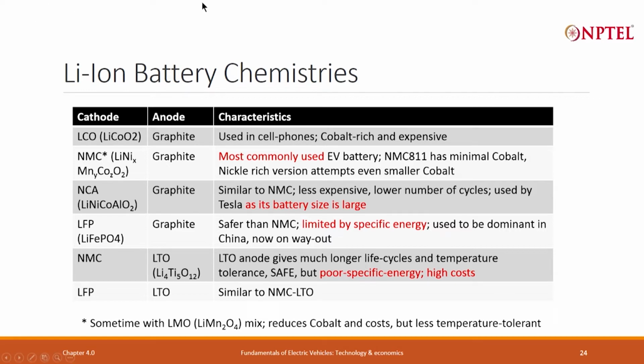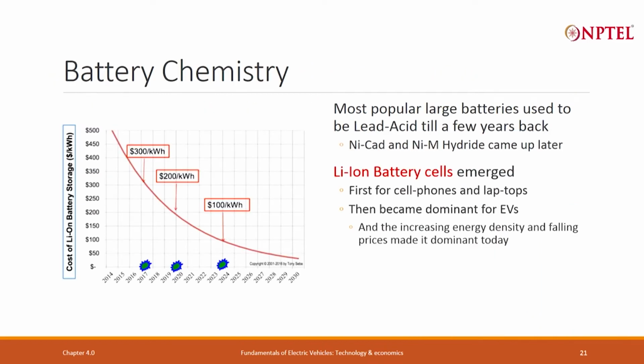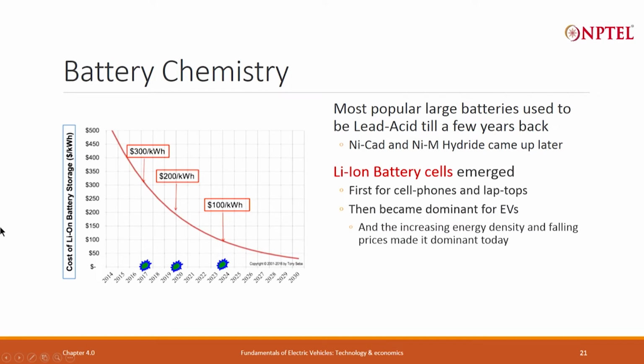Till 3.5 years back, it was figured out that LFP battery cannot go beyond 160 watt hour per kg. Remember that watt hour per kg that I talked about? It cannot go beyond 160 watt hour per kg, which basically means the material cost itself will be closer to $200 to $250. It cannot go in this direction.